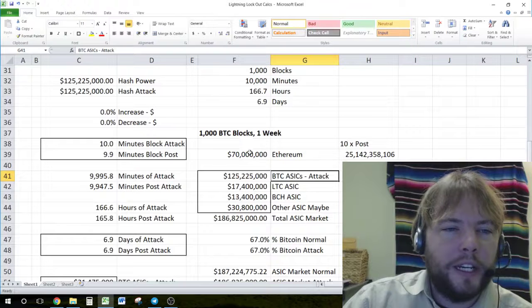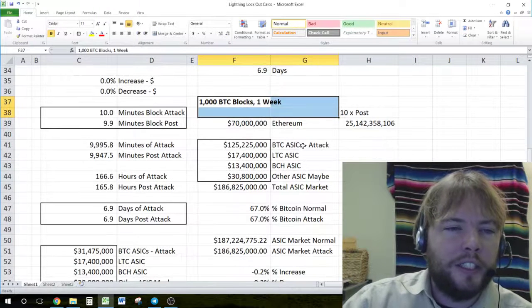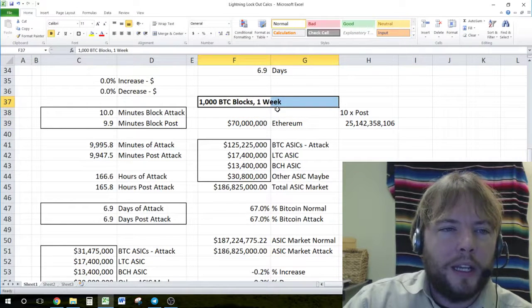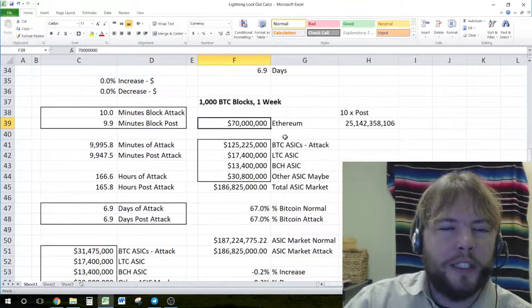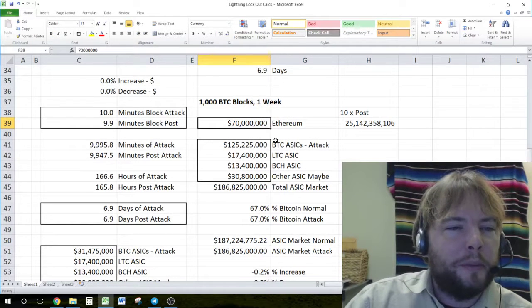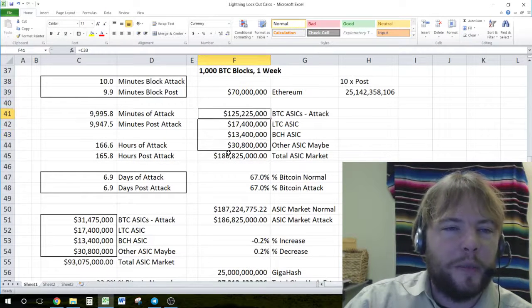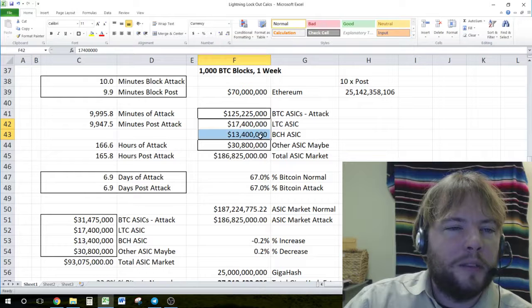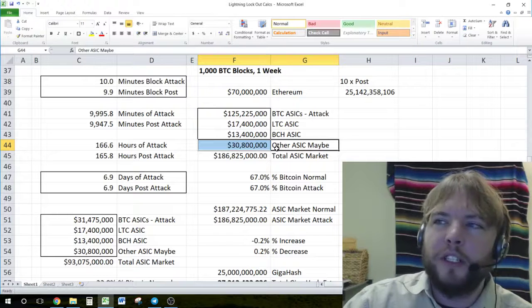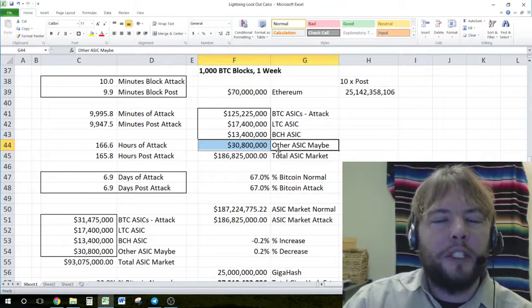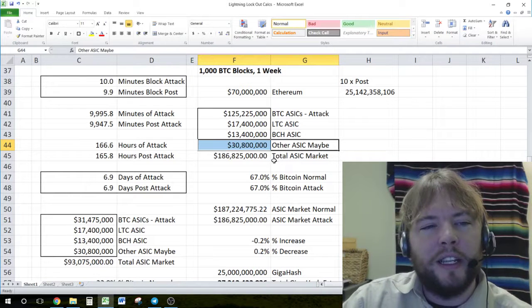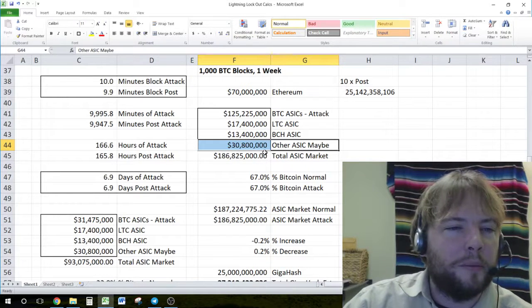Now, let's go ahead and look at the total hash that's going on. Ethereum spends roughly, and these numbers are very rough here, $70 million per week on hash security, or paying the miners. Bitcoin spends about 125 million, Litecoin 17 million, BCH about 13 million, and this is just an assumed number that somebody else is using similar miners as Bitcoin ASIC, and all the other people combined total 30 million.